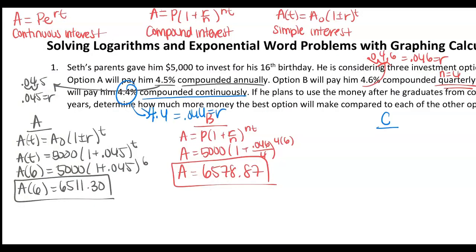You guys, take this information, what we have here, the $5,000, that's our principal, the rate, which is 0.044, excuse me, and plug it into this formula. If you're brave, try plugging it in your calculator as well.